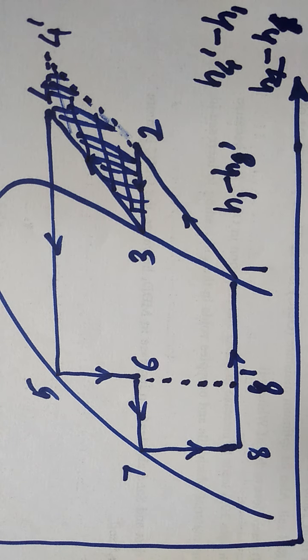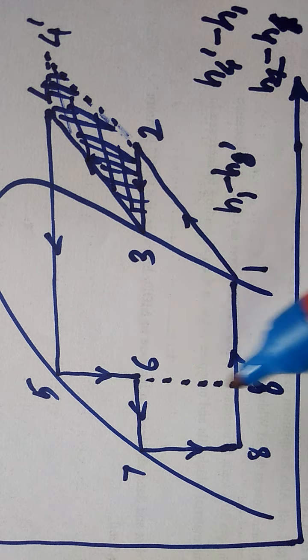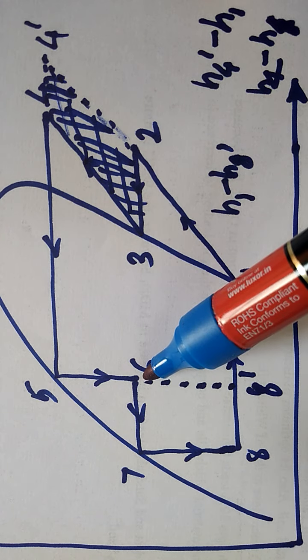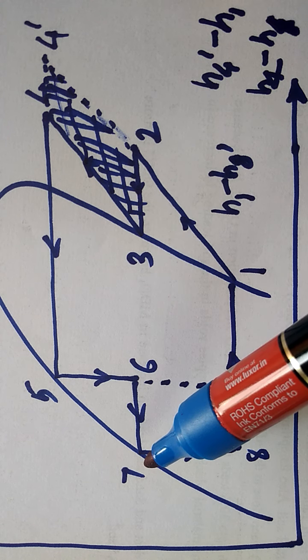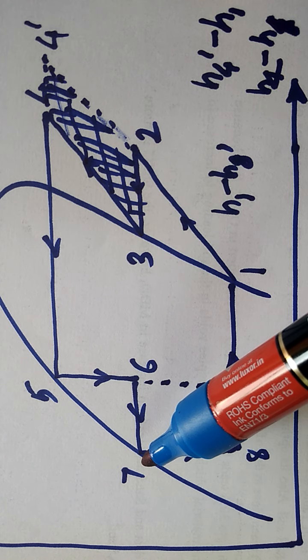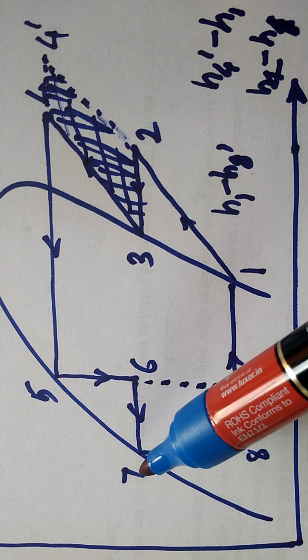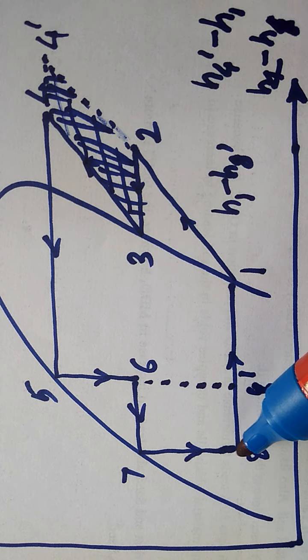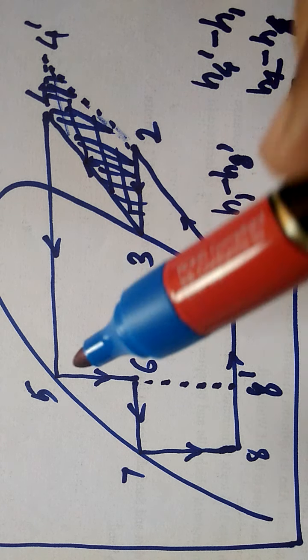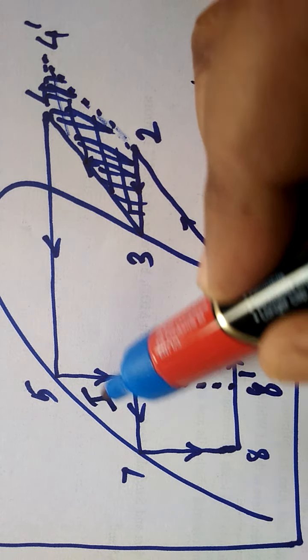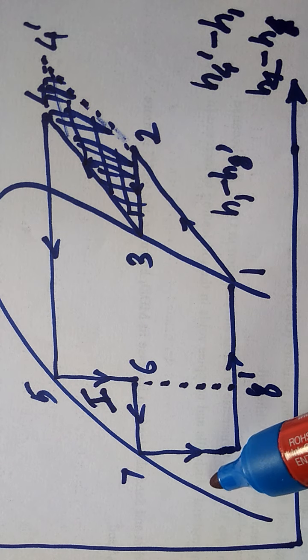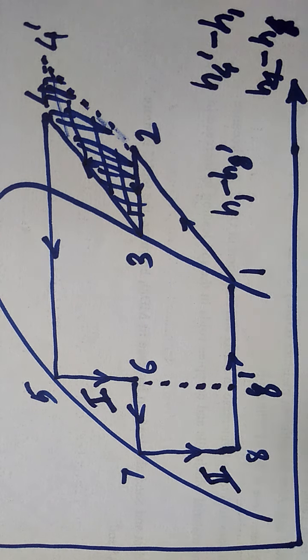However, if I follow double stage instead of single stage, then the path is 5 to 6, then 6 to 7 is again cooling, intermediate cooling, and then 7 to 8 is expansion in the second stage. So this is the first stage expansion and this is the second stage expansion.